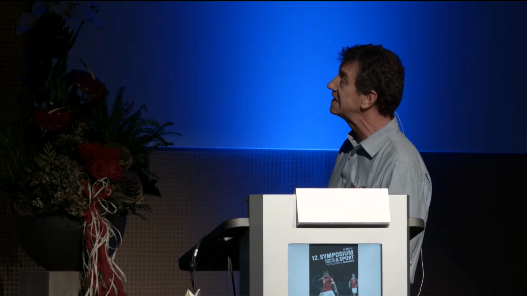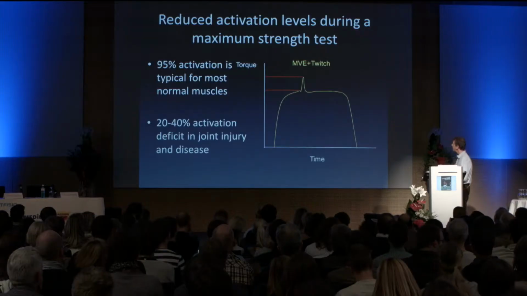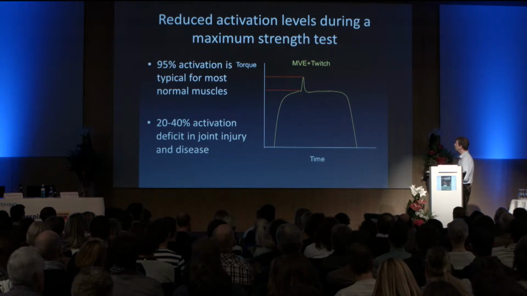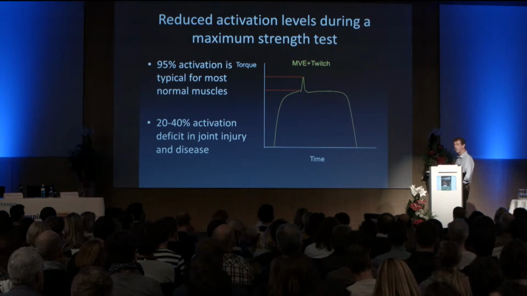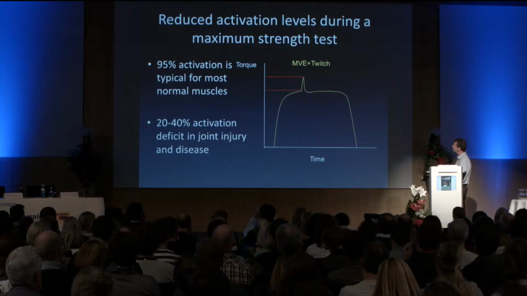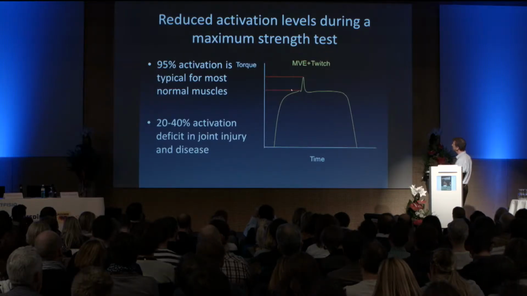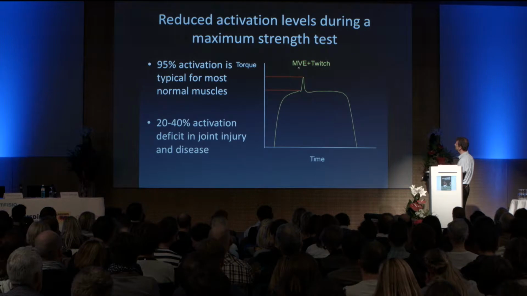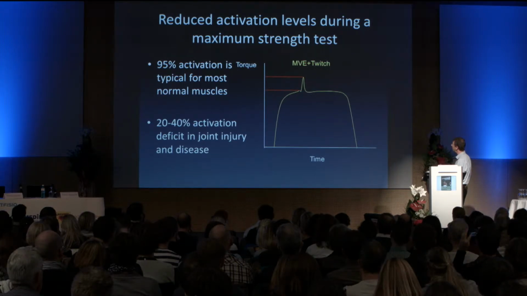In most instances, we can activate more than 95% of our muscles' fibers. But where there's been damage to a joint or a chronic disease going on which affects the joint, then we can see activation deficits, which can be as big as 20 or 40% in respect to the size of this twitch that you get when you stimulate the muscle when the maximum plateau has been reached here.